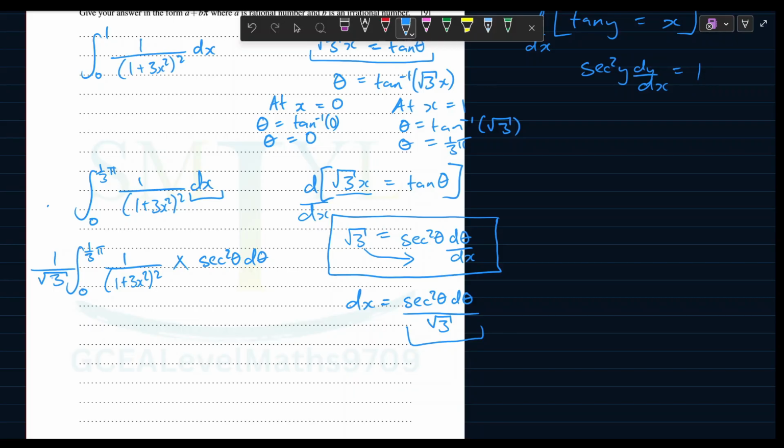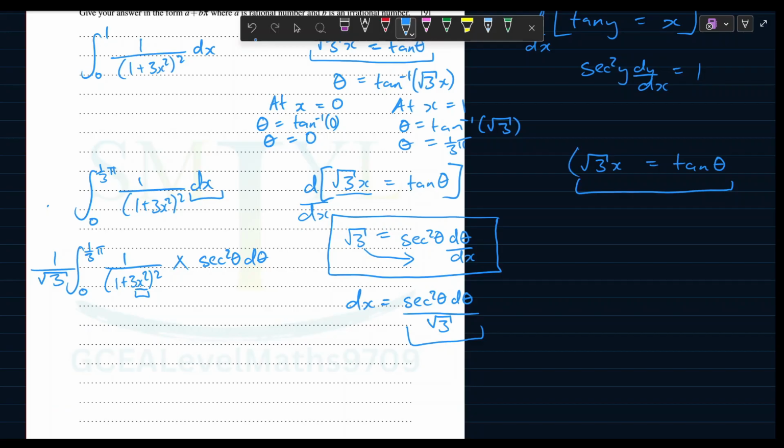And now we have to rewrite this x in terms of theta. To do that, we're going to use our substitution, which says root 3x is equal to tan theta. Here it would be best to just replace the whole of x squared. So if we can make x squared subject of the formula in this equation, then we'll be able to replace it.